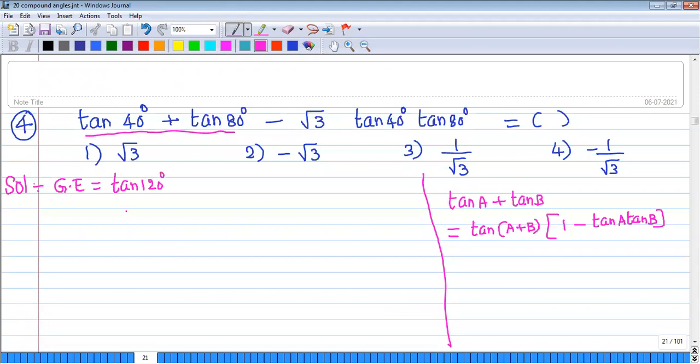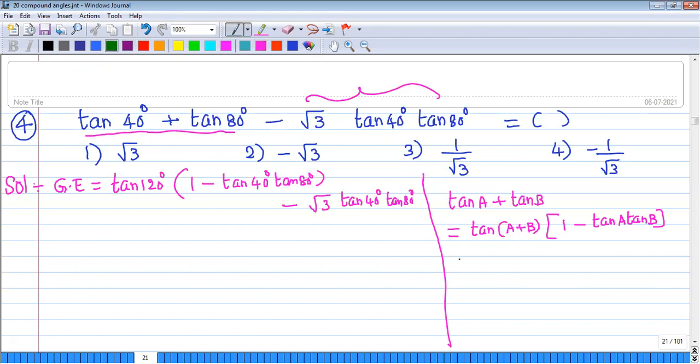Yes. Okay, 1 minus tan 40 tan 80, and whatever this one is, write that value down, that is minus root 3 times tan 40 tan 80.